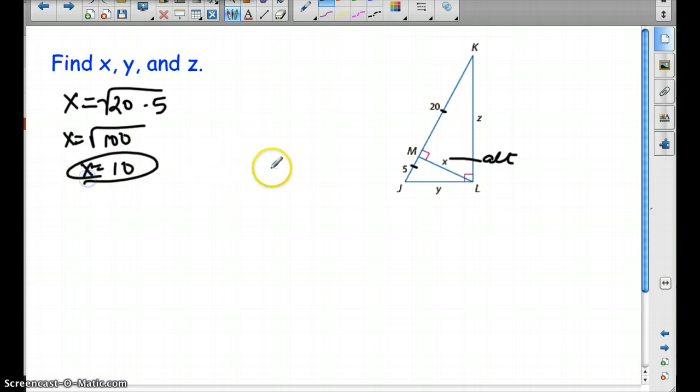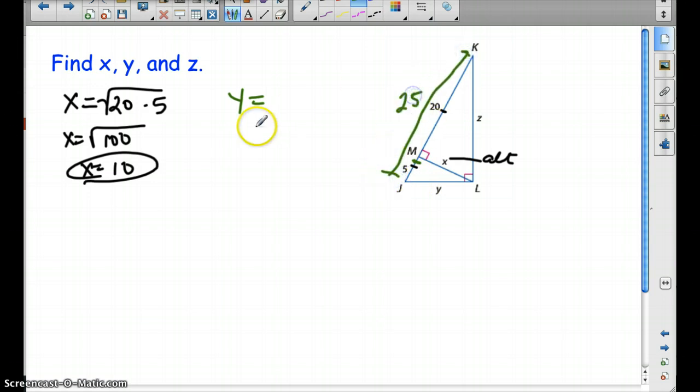All right, got that down. Now what about y? y is my short leg. I don't have a short leg, but in this picture, it's my short leg. So looking back at our theorem, it's going to be 5 times c, the whole thing. And what is this whole thing?